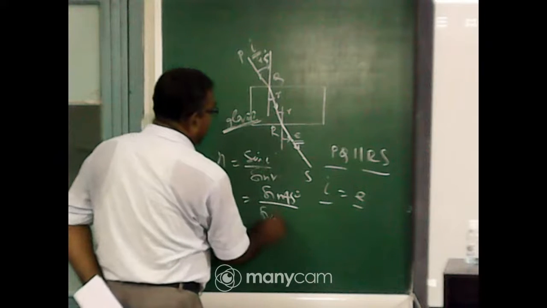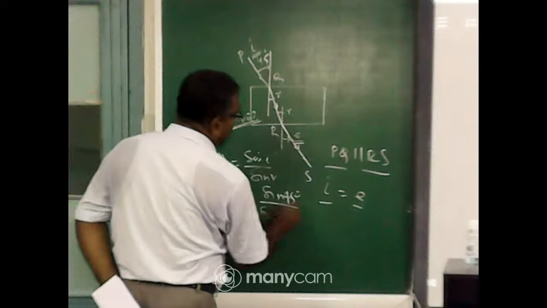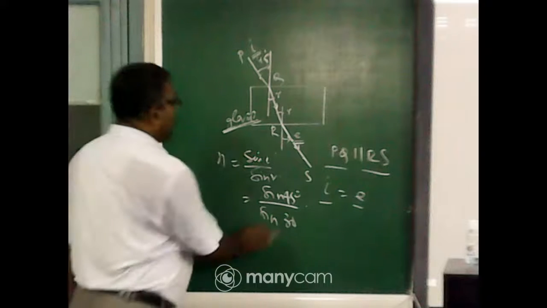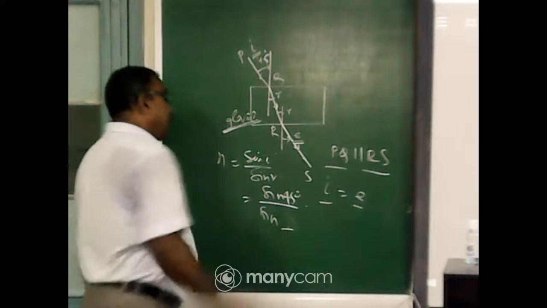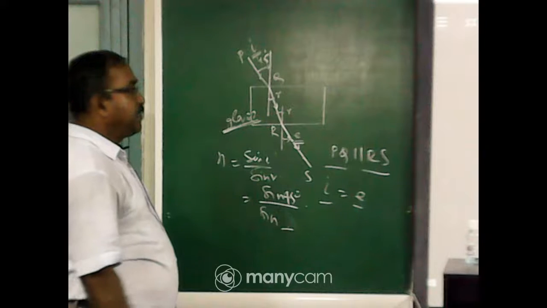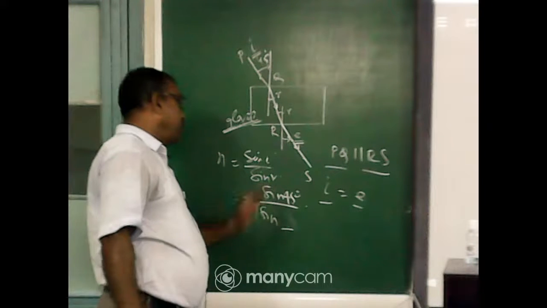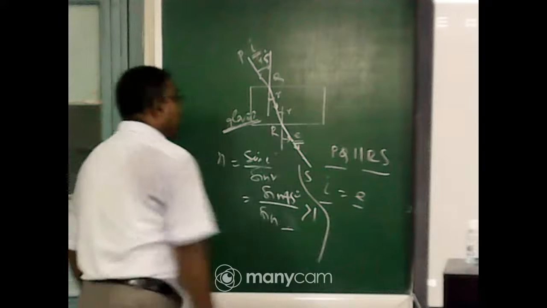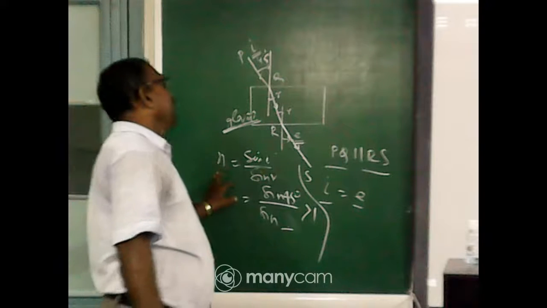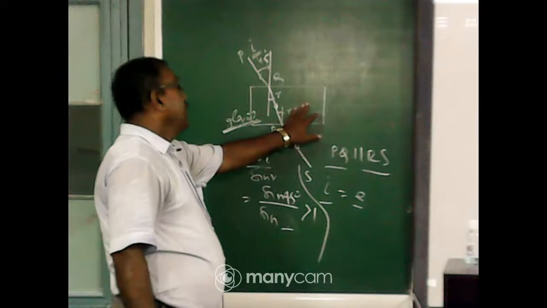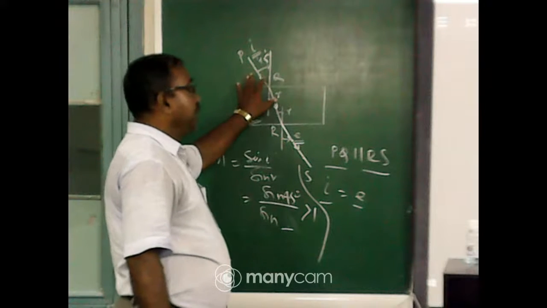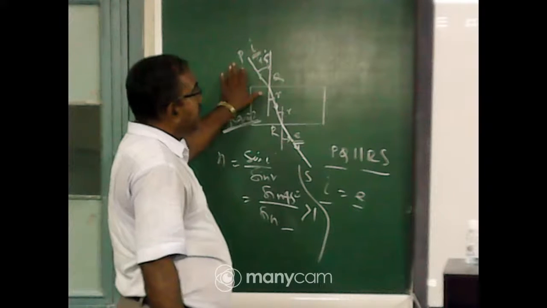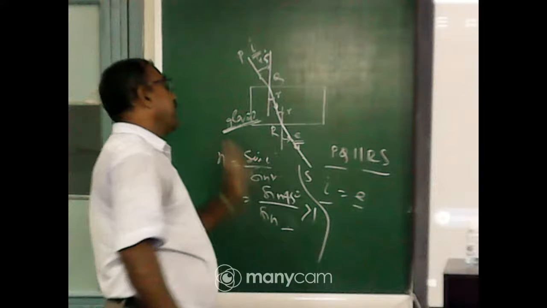That value must be less than 45 degrees, suppose 30. So you can find out the refractive index of the glass, and you can verify the angle of incidence equals the angle of emergence. You can prove the incident ray and the emergent ray both are parallel.